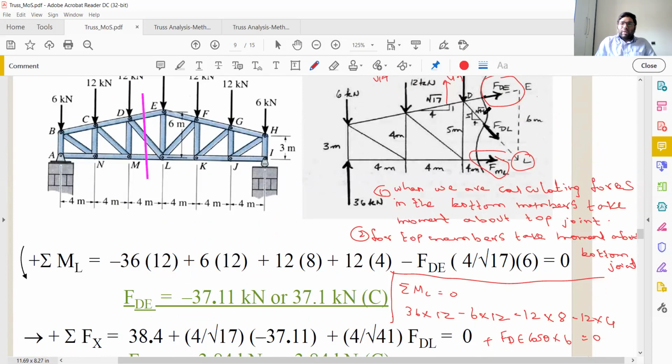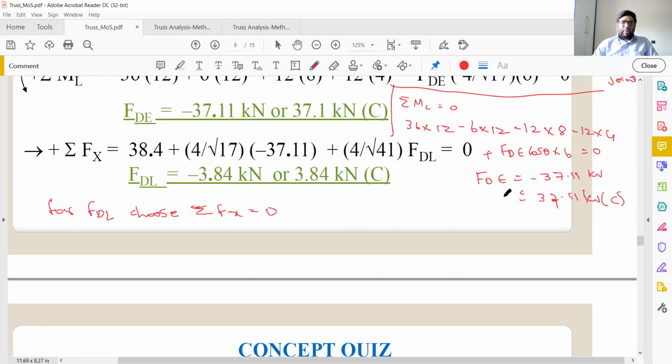When we are trying to resolve, we are trying to resolve this into horizontal and vertical components. This also resolve into horizontal and vertical components. So when we are trying to resolve that into horizontal and vertical components, we are trying to get the value of FDL. Okay, FDL. So there we have 38.4.